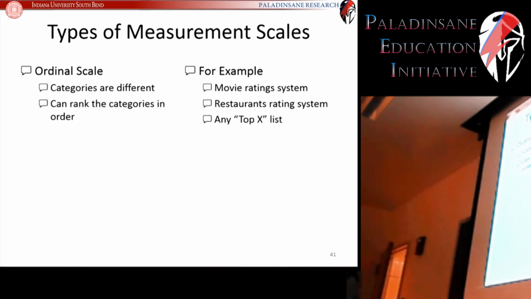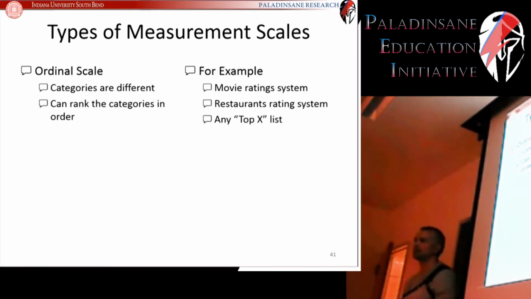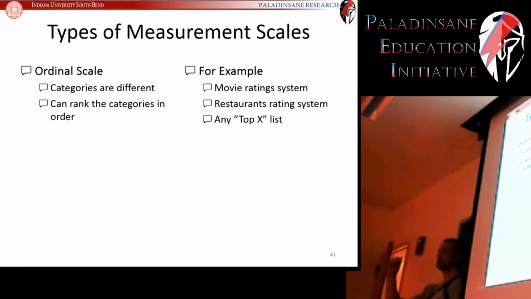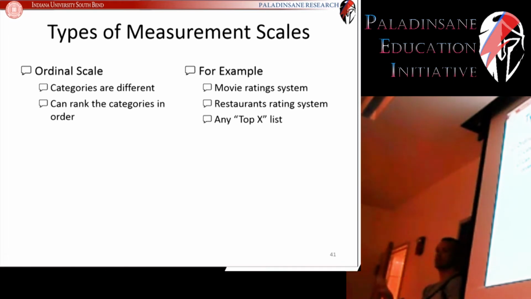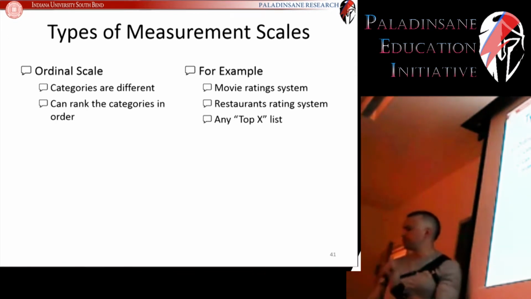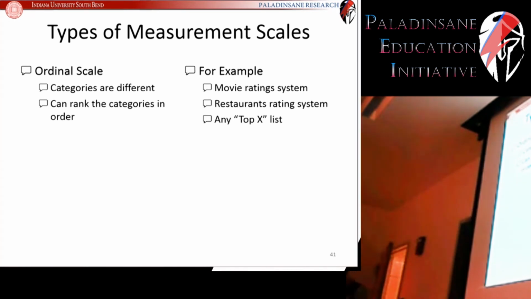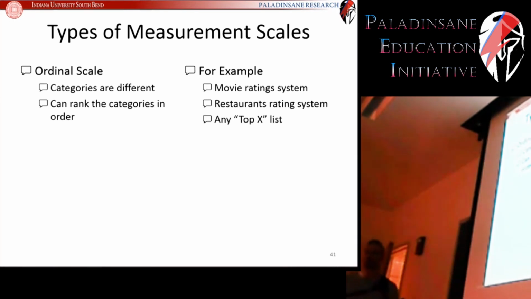So restaurant rating systems, any top X lists, top 10 lists, top 5 lists, the difference between first and second place might be razor thin. The difference between second and third place might be super huge. So we see this in the Olympics all the time, where the first place finisher just barely beats out that second place finisher. And third place is all the way back here, trying to get that bronze medal.